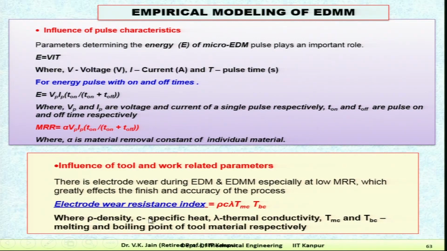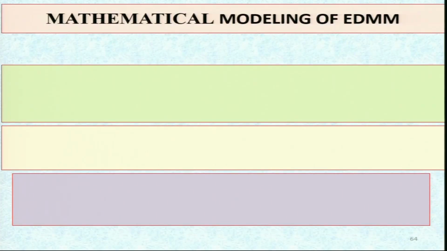As I have just mentioned, this is very important, and this will help a lot in the tool design for EDM processes and EDMM processes theoretically, because that is very much needed if you want an accurate component to be machined in the first go itself by these processes.